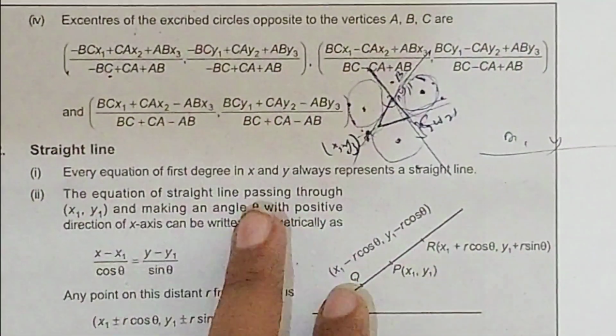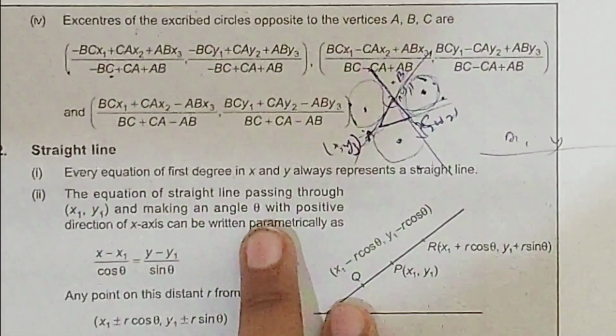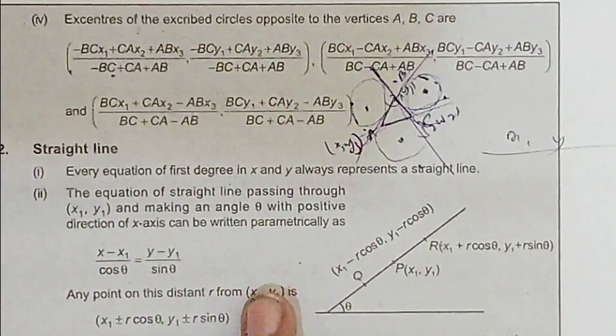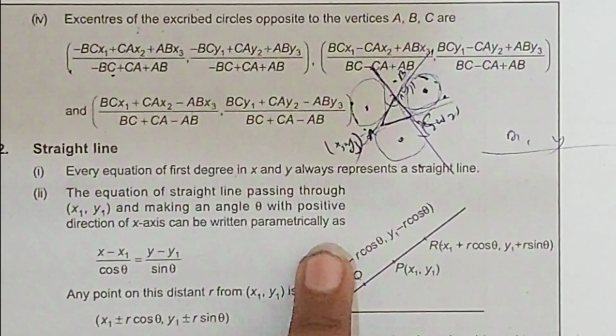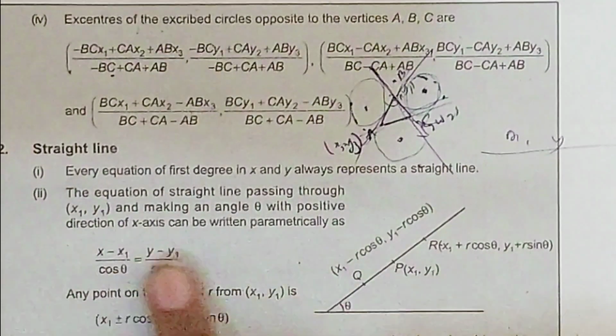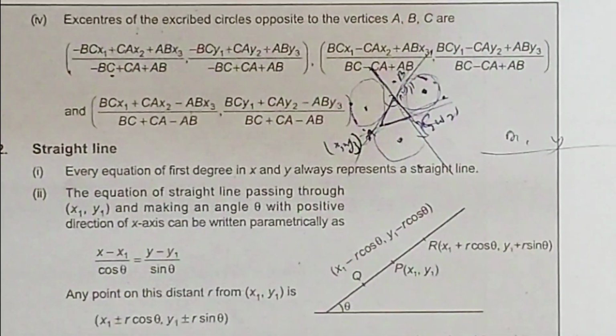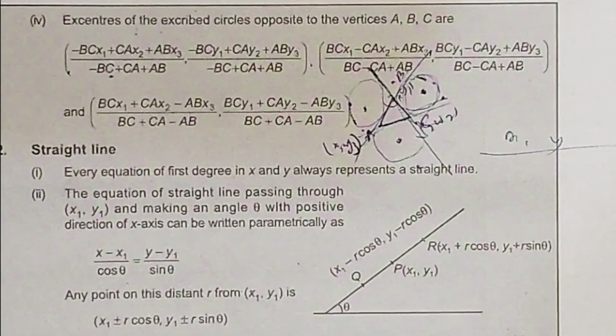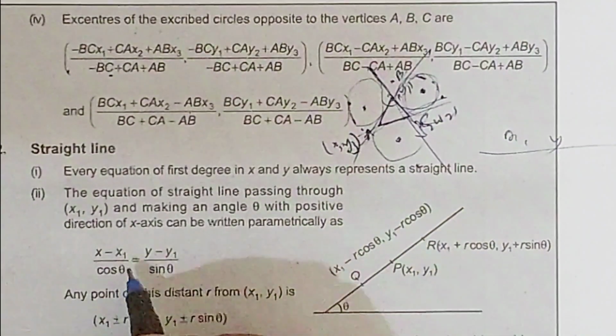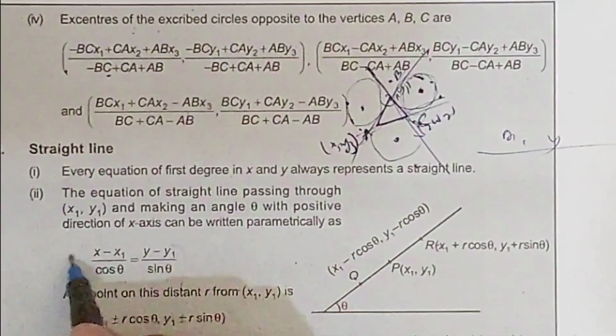The equation of the straight line passing through x1, y1 and making an angle theta with the positive direction of the x-axis can be written parametrically as this. These are the parametric forms to get the equation of the line.